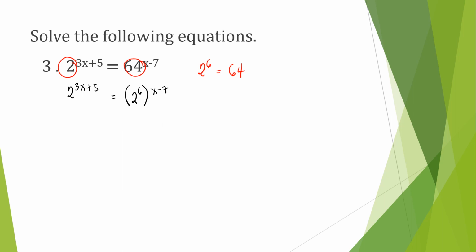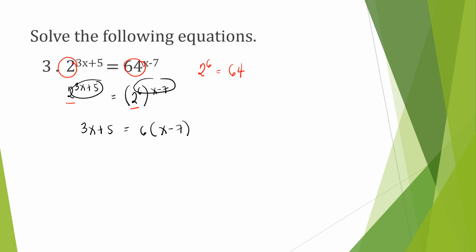By the property of equality of exponential functions, if the bases are the same, then the exponents must be equal. As you can see, the bases are already the same, so we can equate the exponents. We have 3x plus 5 is equal to 6 multiplied by x minus 7.